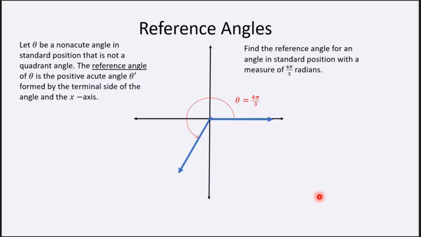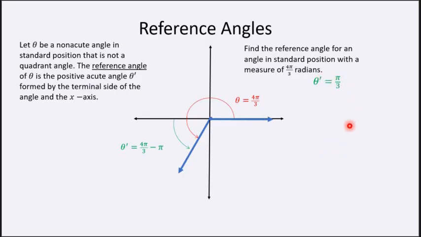And in the same way, because this is the excess above the straight angle, I'm going to take the given angle, and to find this little rotation here, from the negative x-axis to the terminal side of the given angle, I'm going to take the given angle and subtract from it pi radians, which is equivalent to 180 degrees. So when I do that, that's 4 pi over 3 minus 3 pi over 3, and I get 1 pi over 3 as the reference angle here. So that's pi over 3.